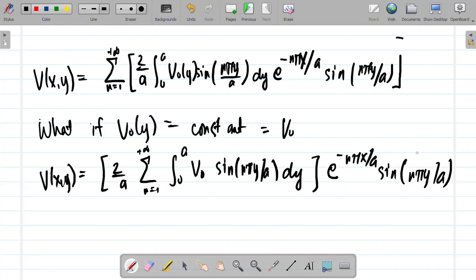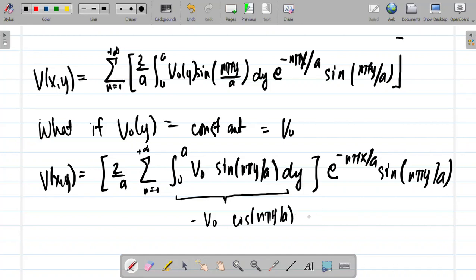So, class, ano ba to? Tigrit nga muna natin to. This is v naught, negative cos theta. So, negative v naught cosine n pi y over a over n pi.